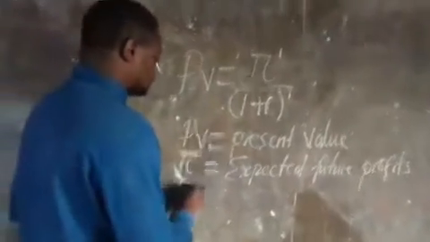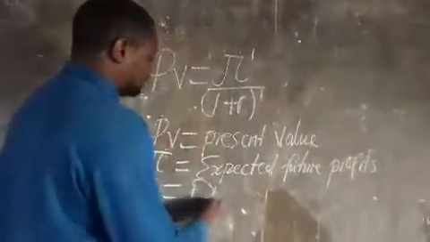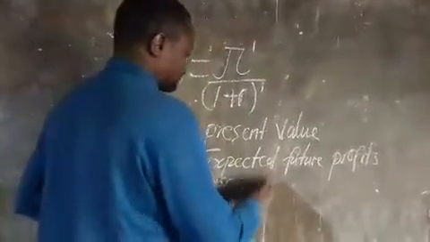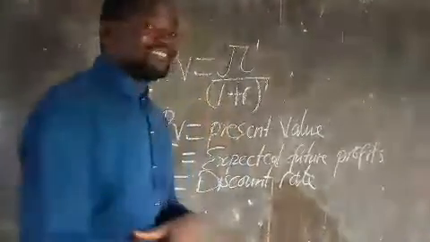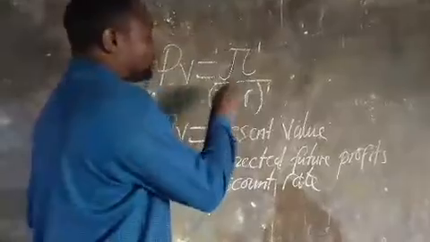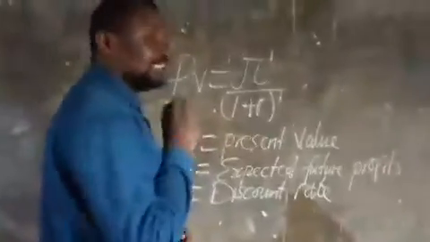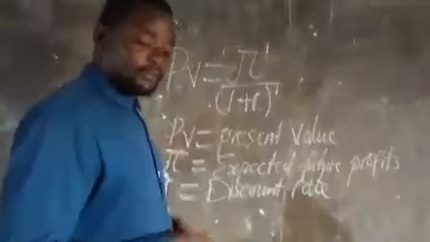What does r stand for? r stands for the discount rate, and this discount rate is expressed in percentages. So, 1 plus the discount rate gives what we are discounting from our future profits.